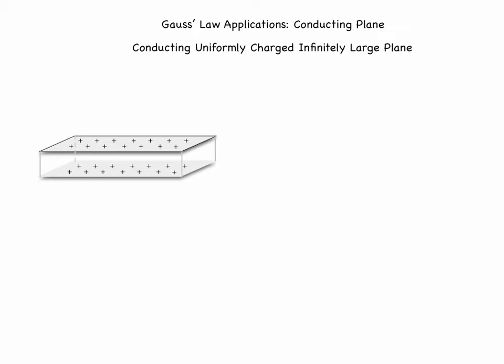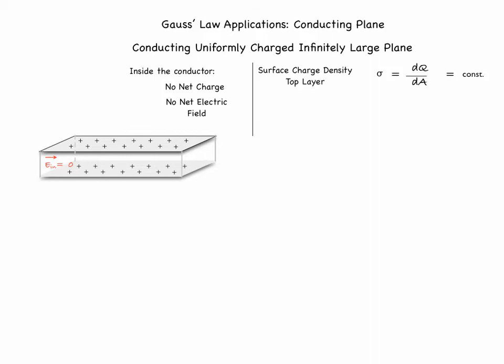First, we see that the charges will be distributed along the surface, the top and the bottom of the sheet, but there will be no net unbalanced charges inside, and that's what makes it different from the example of the non-conducting sheet where the charges were bound throughout the whole sheet. So we'll write that there will be no net electric field and no net charge inside that conducting sheet. We will be forced to consider its thickness as a consequence.